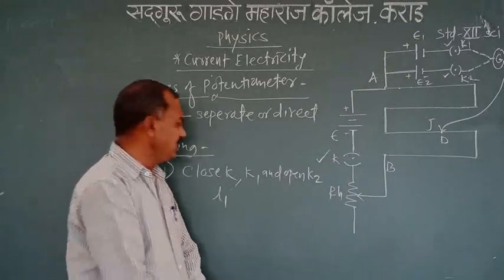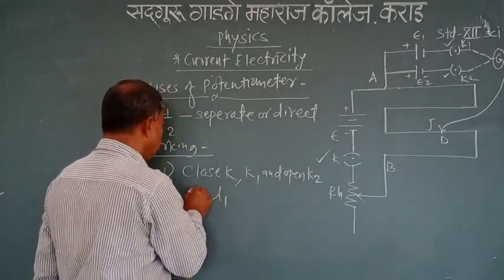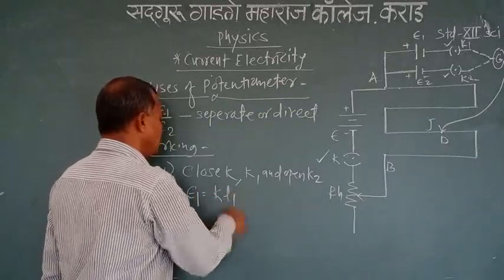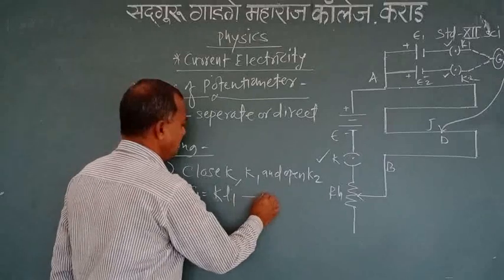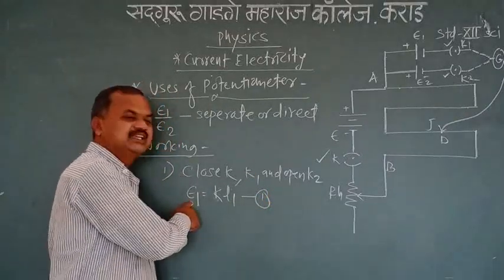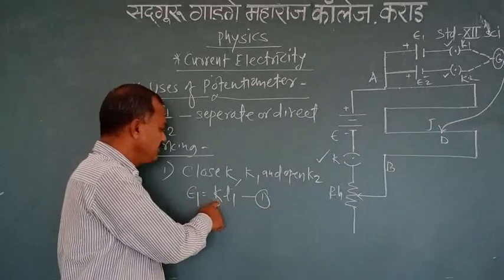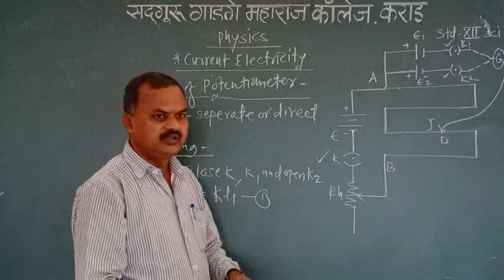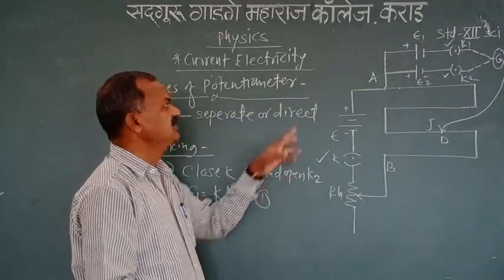Then by using the formula we can write some equation like this. E1 is equal to KL1. This is equation number 1. Here E1 is the EMF of first cell, K is the potential gradient, and L1 is the balancing length of first cell when it is connected in the circuit.